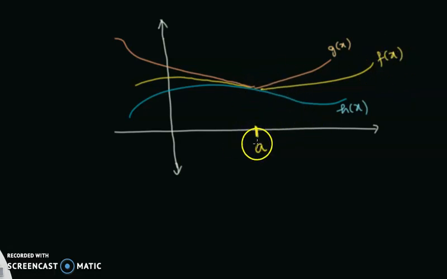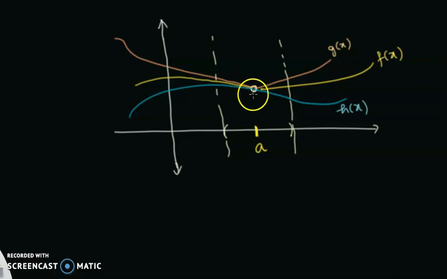So this is my value A. If I settle an interval near A, what is going on around A? The function f is between g and h. This relation might not hold at this point.